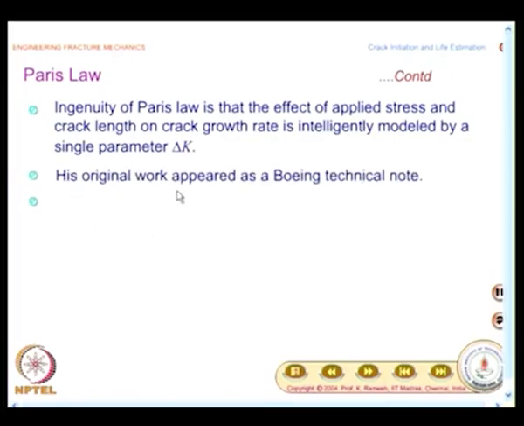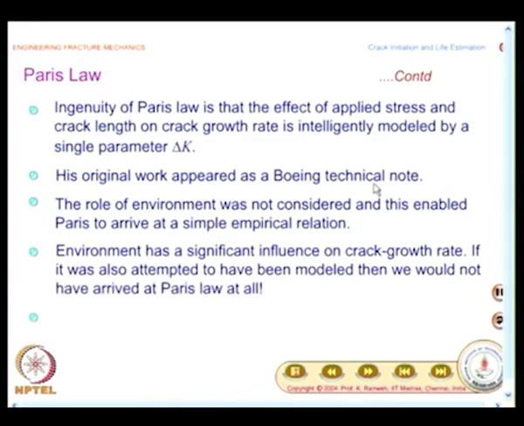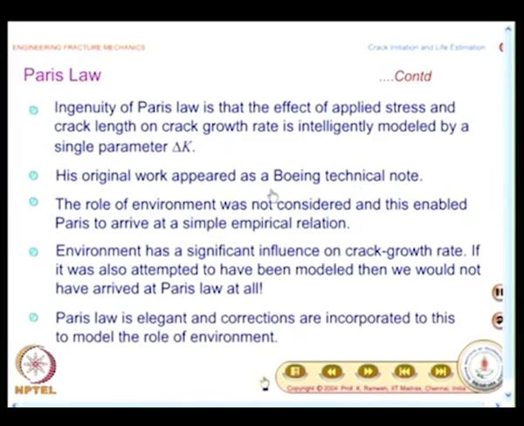His original work appeared as a Boeing technical note, and you will have to keep in mind that in many of these fatigue failures, environment plays a very important role. While developing the Paris law, Paris did not consider the effect of environment, and just because he had not considered the environment to start with, he was able to arrive at a simple empirical relation.